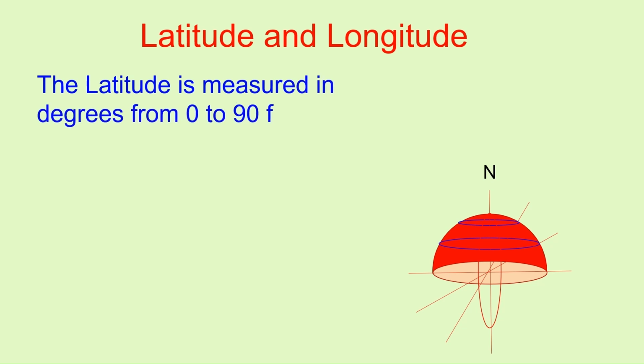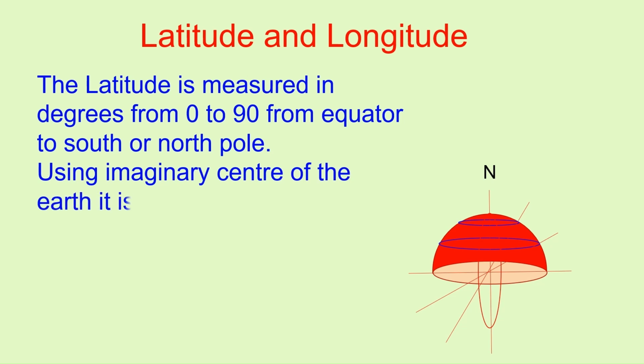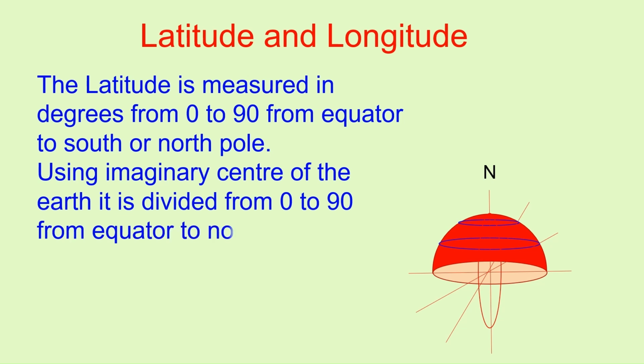The latitude is measured in degrees, from 0 to 90 degrees, using the imaginary center of the Earth. It is divided from 0 to 90 from the equator to the North Pole and South Pole.